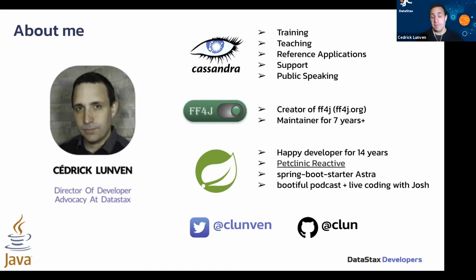I implemented the same data model in 20 different databases, so I have quite some experience with databases. I also use quite a lot of Spring, and I contributed to the Pet Clinic project at some point. This is my Twitter handle. Without further ado, let's dig into the content for tonight.